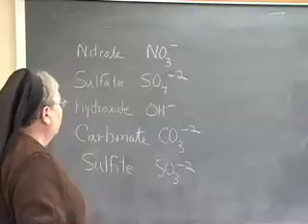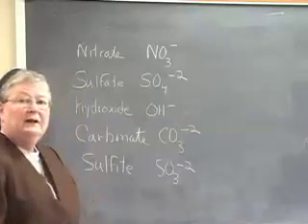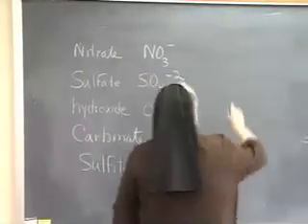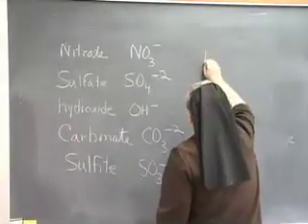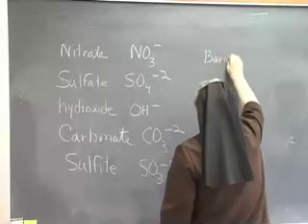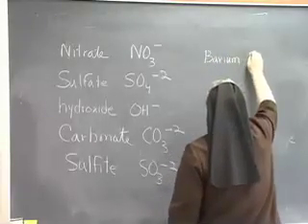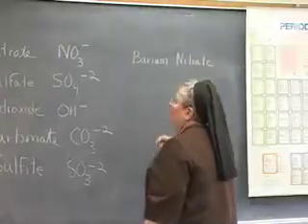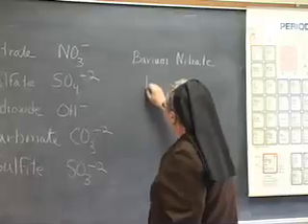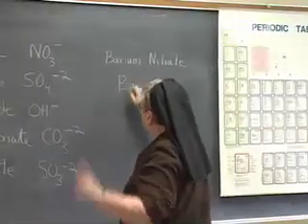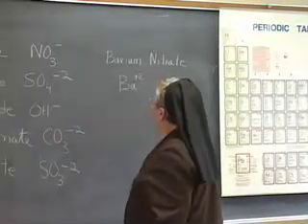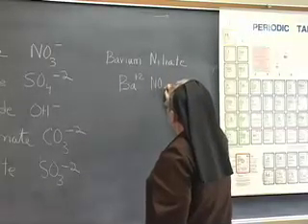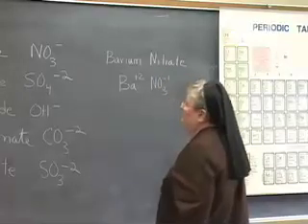However, what we're going to have to do is use these names to be able to write a compound. First of all, let's write the formula for barium nitrate. Well, what you do is you look up barium, and you find that barium is a type 1 metal with a +2 charge, and nitrate, we look it up, and it is NO3 with a -1 charge.